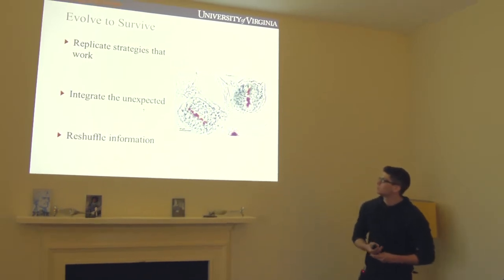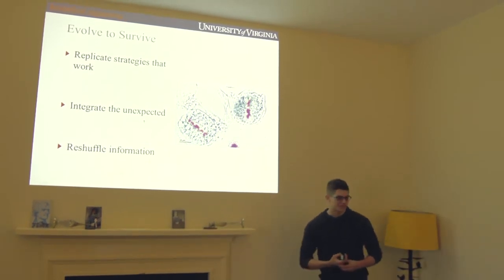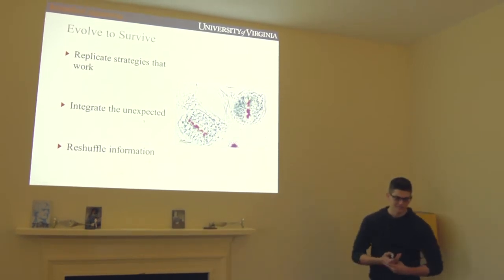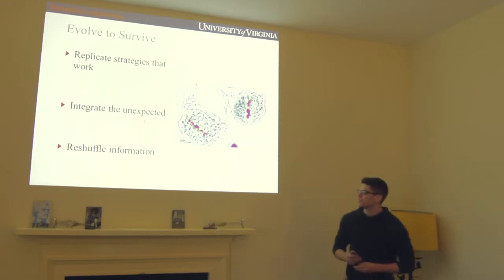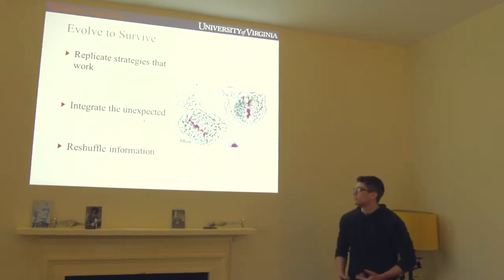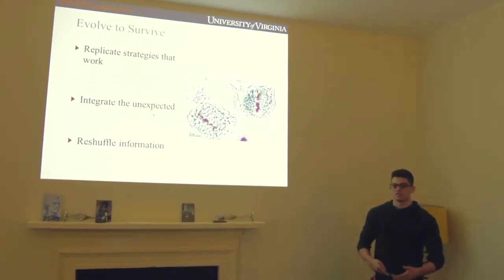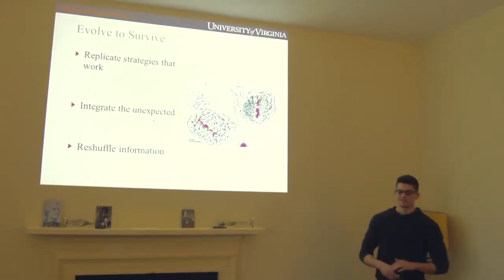So, getting into our first principle, we have evolve to survive. And so it's a little picture of meiosis, which I'm sure everybody's been over in their introductory biology class. So nature's way of shaking up the deck, you have genetic mutations, and that can lead to advantages and disadvantages, and anything that comes out of that is either incorporated into the system or it's deemed not a good choice, so we don't pass that along.